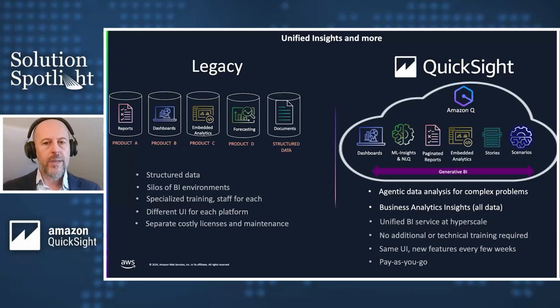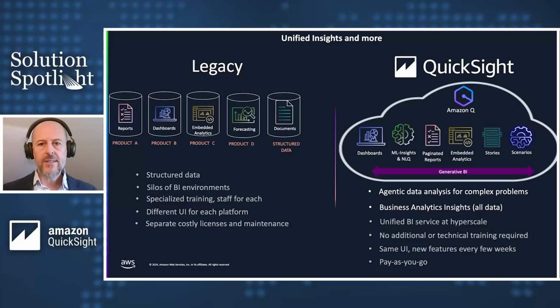So we are also working on providing an agentic solution for our customers for these more complex problems. But here we are talking about solutions, but also if you think about it economically, according to one recent research from the Economic Strategy Group, you can reduce your cost by up to 74% by consolidating into QuickSight.